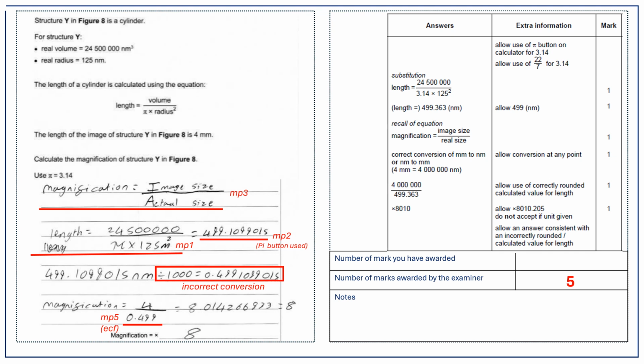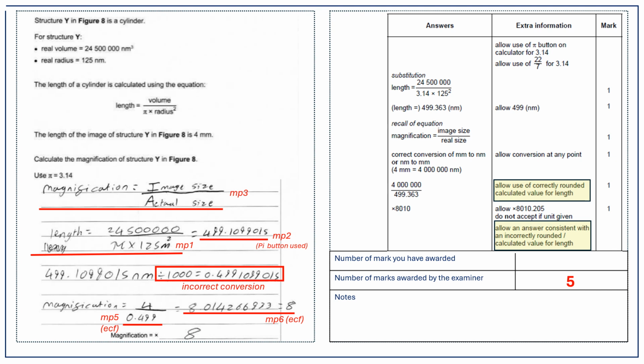The student has then worked out the answer to that calculation and has got 8.014. They have then rounded this to 8 and given their final answer as 8. The examiner in the summer deemed this appropriate in order to gain marking point 6, again from carrying that error forward.